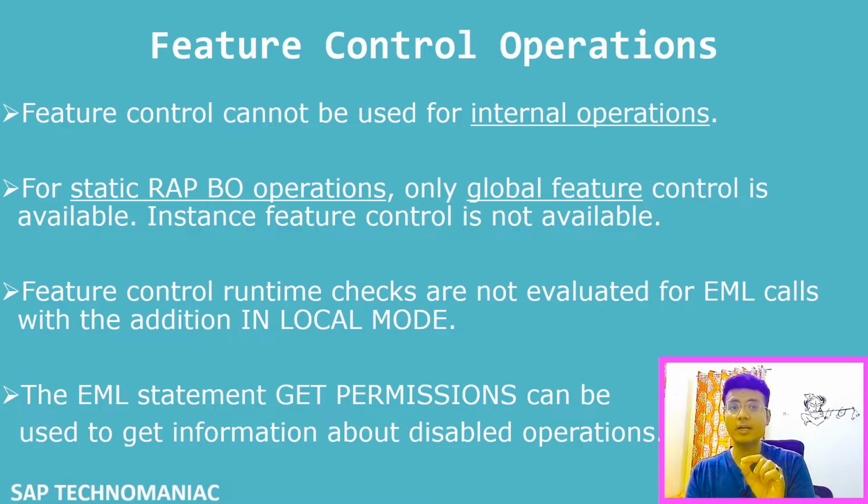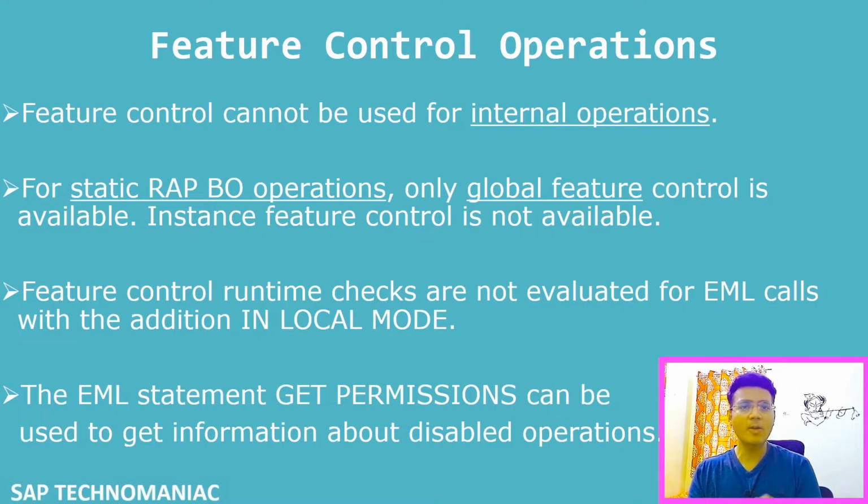If a button is not related to a particular instance which we have created, then we can only use global feature control. There we can't use the instance feature control, because that particular operation is applicable on the entire business object. So you have to use the global feature control only.